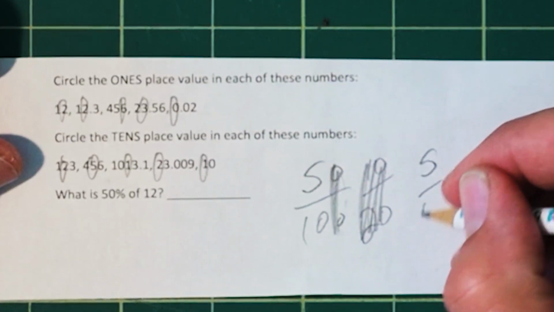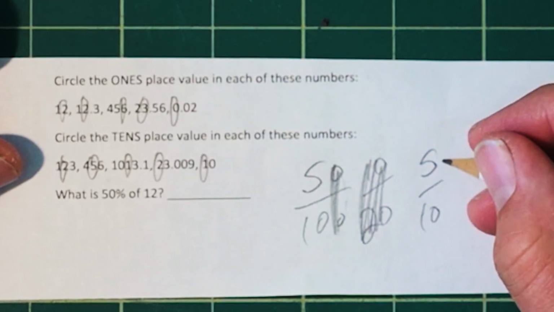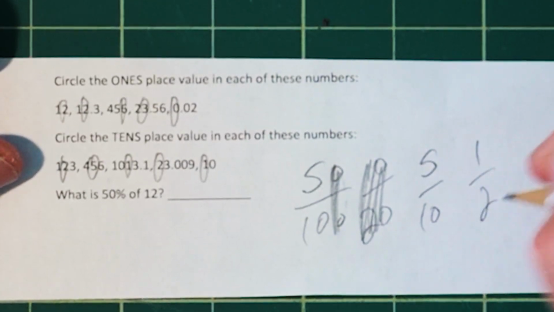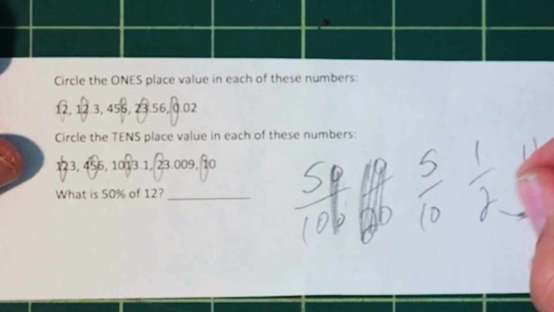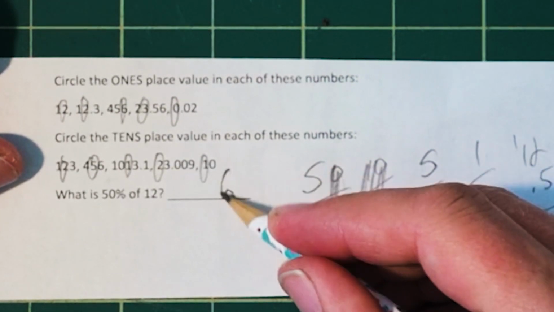Let's go to 5 over 10. I like that. Divide the top by 5, bottom by 5, 1 over 2, 1/2. So basically, what is 1/2 of 12? Another way you can do this is say that half is going to be 0.5. Take 12, multiply it by 0.5, and then this is going to be 0. 1 for up there, 6. Put our decimal point. Your answer is going to be 6 right there.